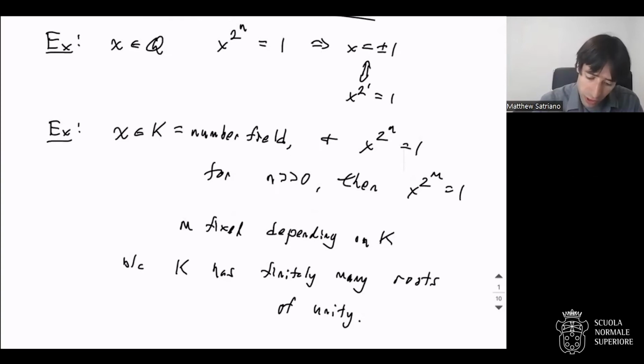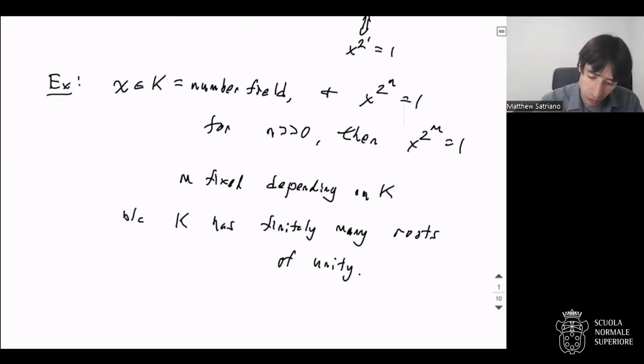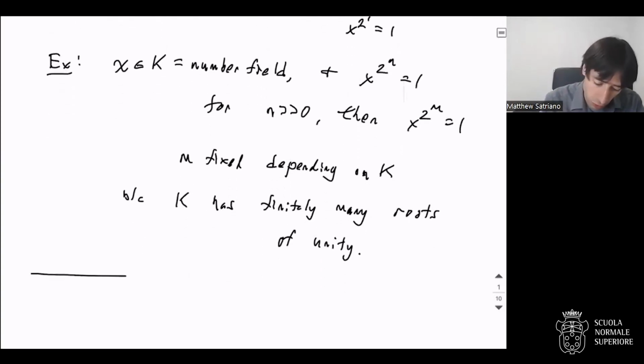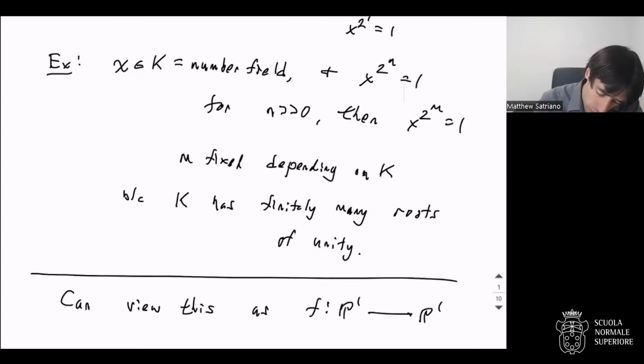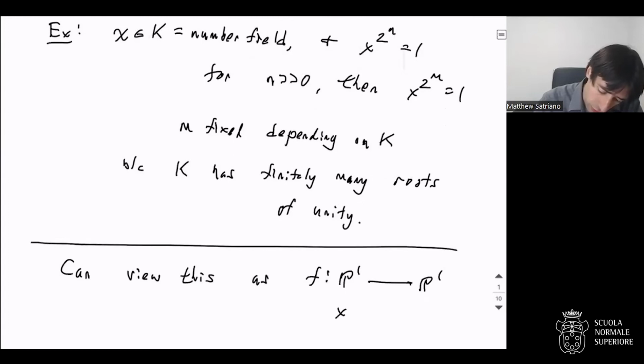We're at a dynamics conference, so we can rephrase this dynamically. You can view this as a map from P1 to itself which sends x to x squared.